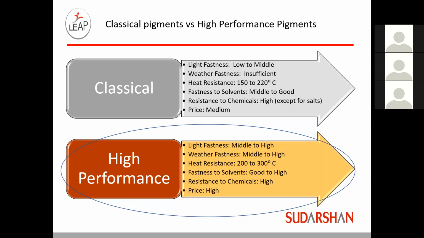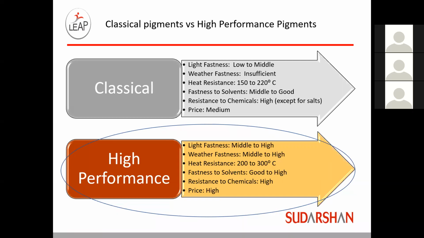It also provides a nice heat stability or heat resistance if your application requires a high temperature for curing or dispersion processes. And they are also very good with respect to fastness to solvents.